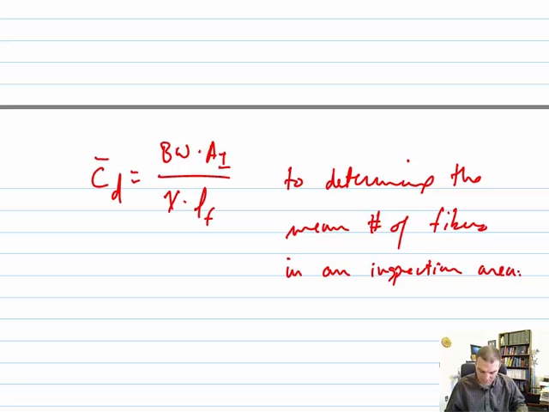So if we know the overall basis weight of the paper sheet, then we can determine the mean number of fibers within a given inspection area.